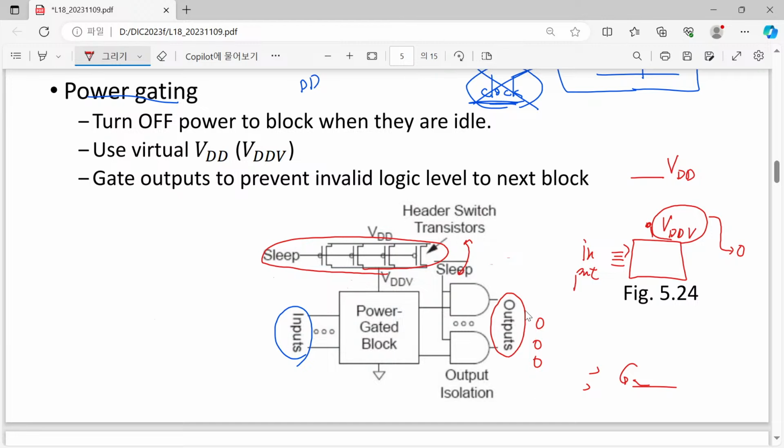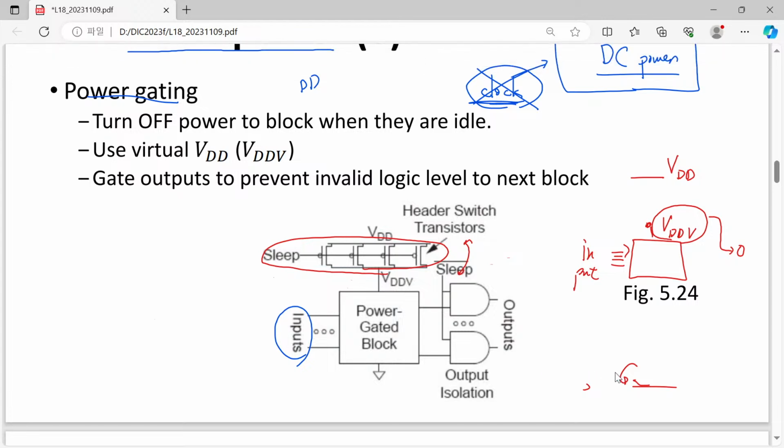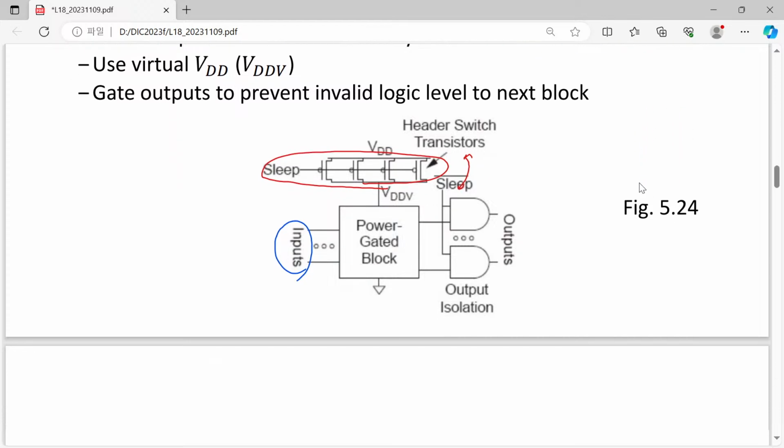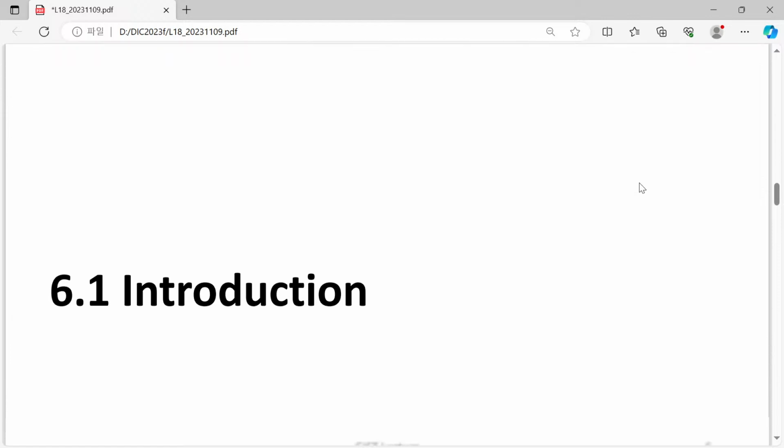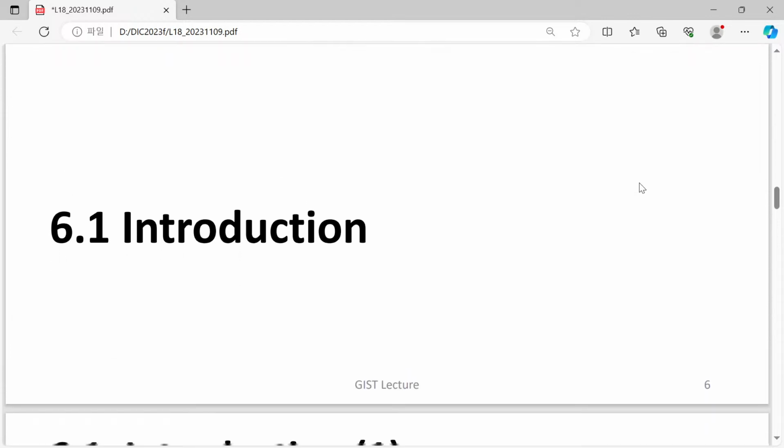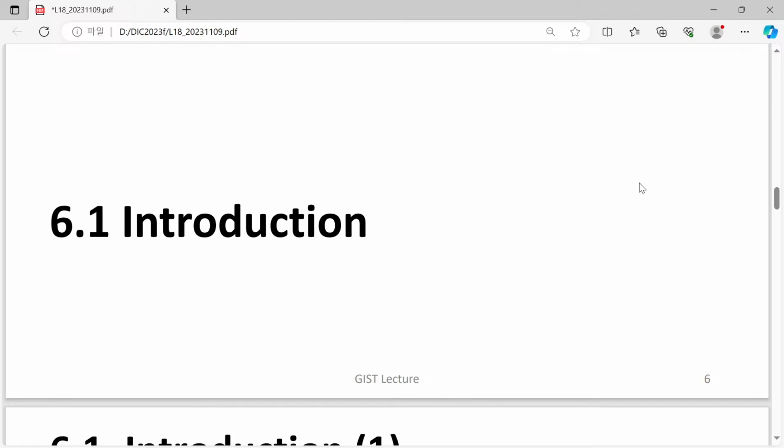However, if we have too wide a one, then it will also make a problem. So sizing is also important for these header switch transistors. This is a matter of design as well.